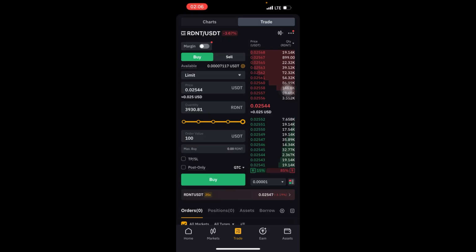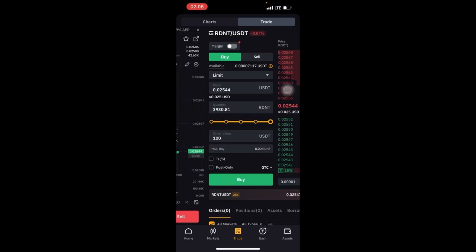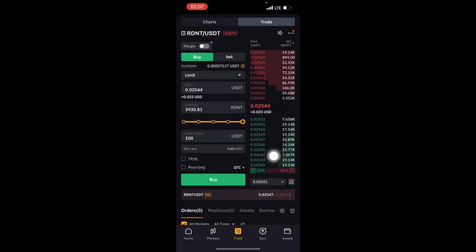So if I'm buying RDNT on Bybit and spending 100 USD, I'll be getting 3,930.81.